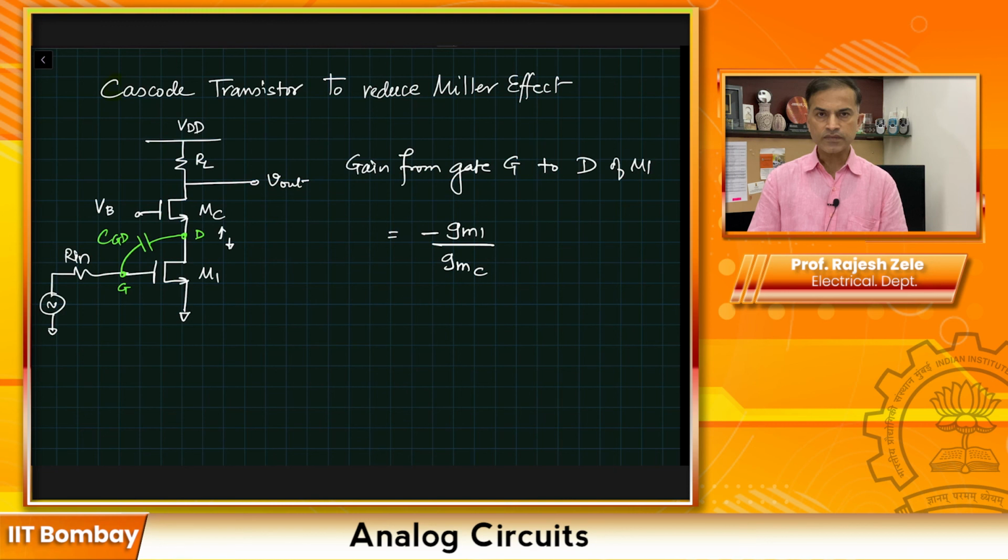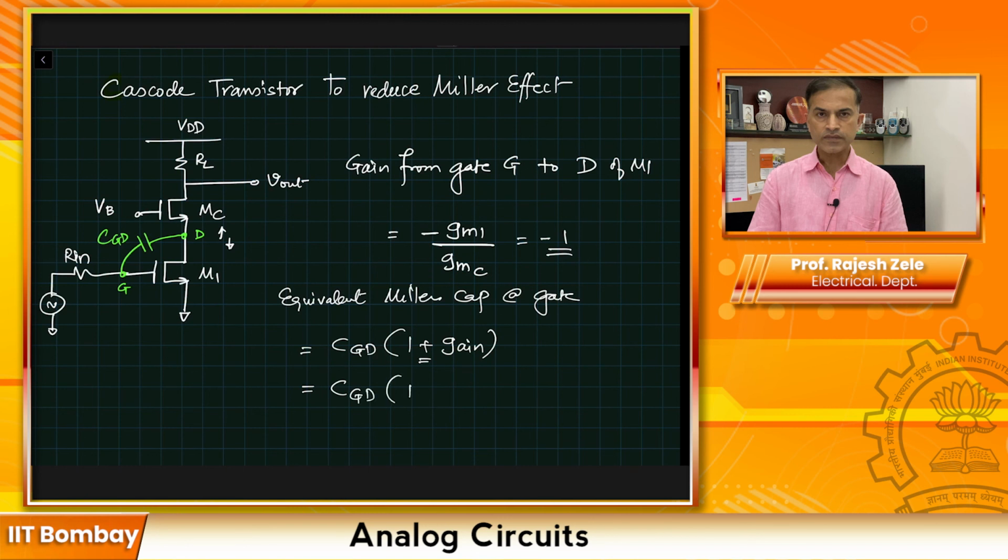Now if the two GMs are about the same size, then they will be in the same ballpark, and that would look like minus 1. So the equivalent Miller capacitance at the gate is now equal to CGD times 1 plus gain. The sign is plus because we know that the gain is negative from gate to drain. So this will look like CGD times 1 plus GM1 divided by GMC, which is approximately equal to 2 times CGD.